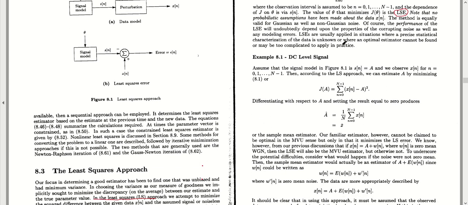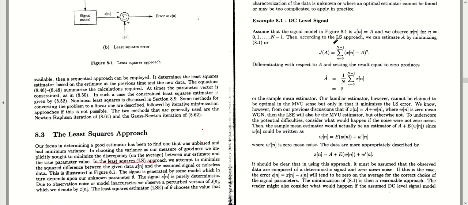Okay, so let's take a look at this first example, the DC level signal. I think we have that before, so I'm not going to write down the signal model again. The signal model is actually Sn equal to A. If I write it out, it will be X equal to A plus W, and this is the noise.